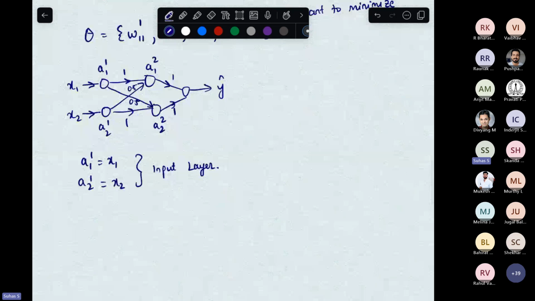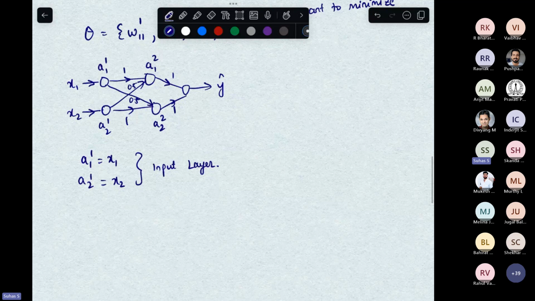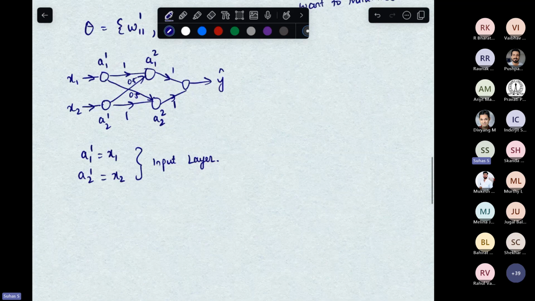Then the notion of nodes in a neural network is as follows. It combines different nodes of the previous layer through something known as a linear combination, or a weighted sum of the values in the previous layer. Let's take A12, which is this node over here.